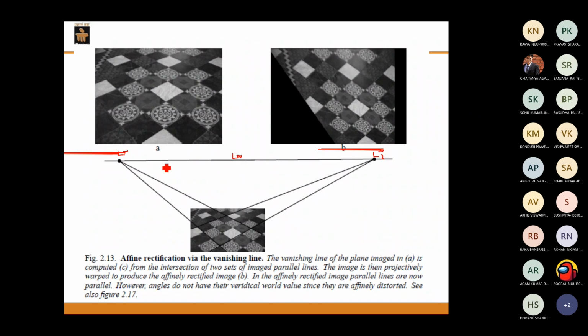So this is what you call a vanishing line, and these points at infinity are what you call vanishing points. Just some terminology that you need to remember, and this is just another representation of the same concept, where you identify the plane at infinity, and from the plane at infinity you apply that transformation in order to obtain the affine reconstruction.